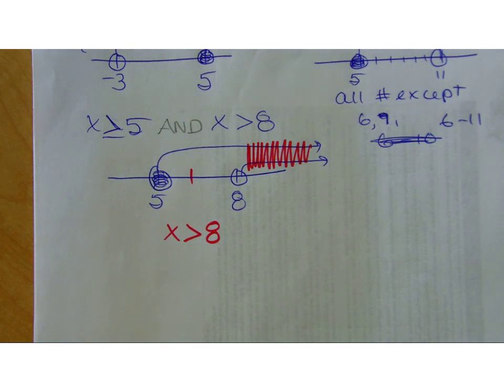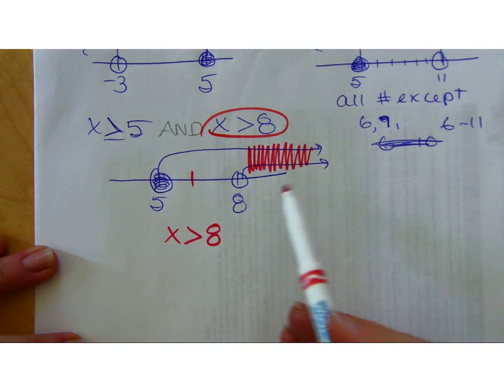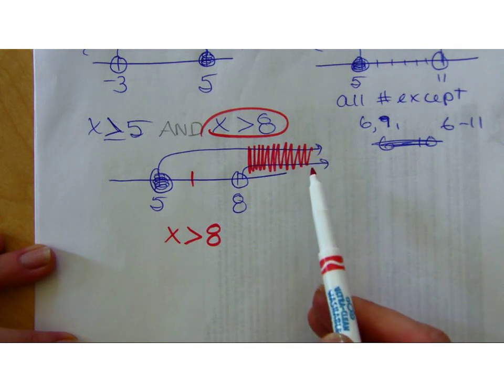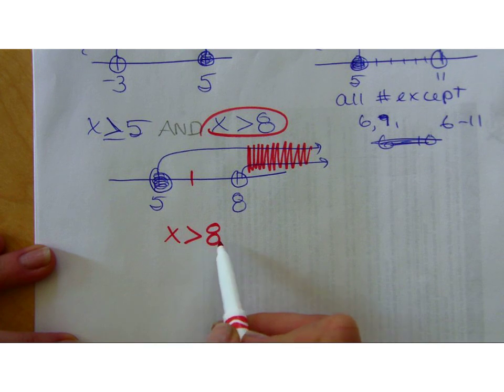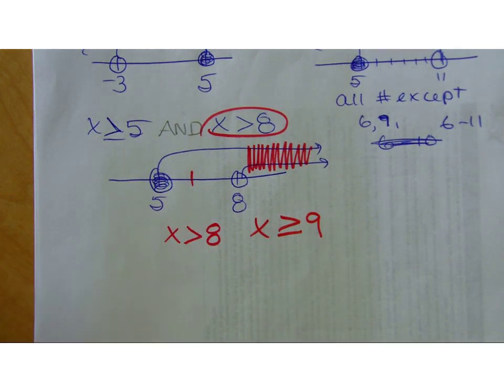It's just common sense. If you have to think of a number that fits both, always pick the one closest to where the overlap starts. So as long as you give me a number greater than 8, why don't I want to say greater than or equal to 9?